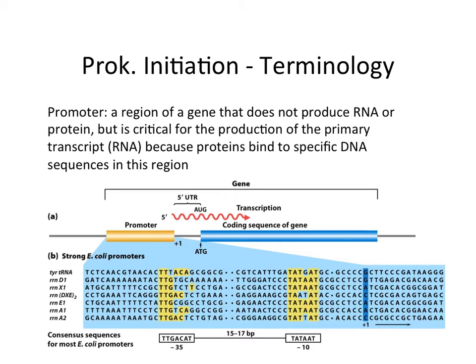So I told you that there was this region called the promoter region. This is it in all of its enlarged glory. This is the region of the gene where the gene starts. This is how a cell knows where a gene is located.